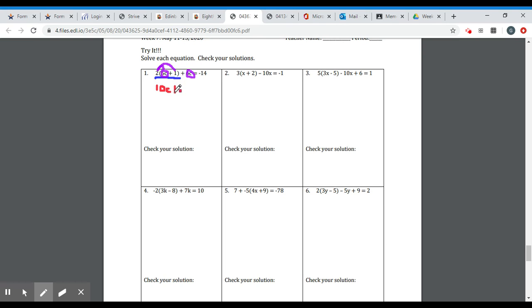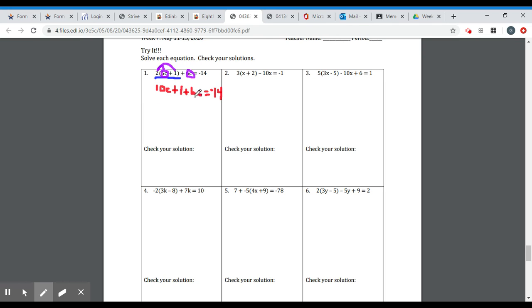And I have an addition sign in there, so I'm going to leave the addition sign. Okay, so I have 10C plus 1, and we bring the rest of the equation with me, plus 6C equals negative 14.